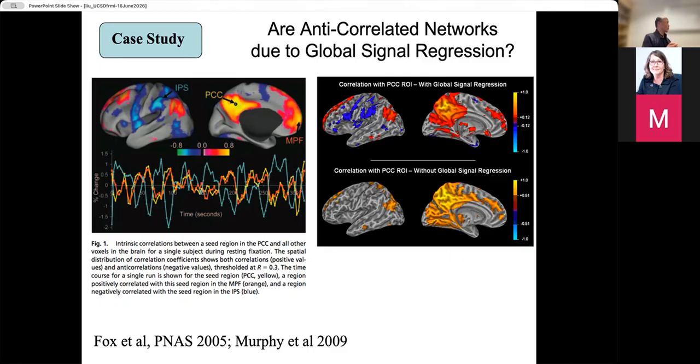It vasoconstricts, but what else? It increases vigilance. So if you have subjects who are more vigilant, they're going to have less global signal, so you're going to be able to see the anti-correlations much more. And we see the same thing with MEG: if you give the subjects caffeine, this global connectivity decreases.